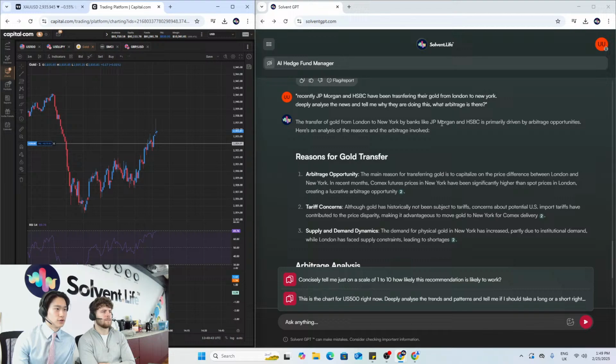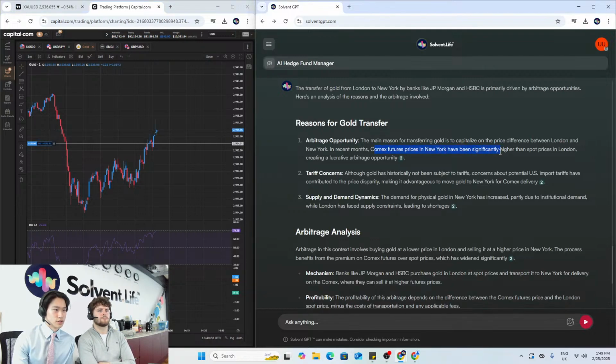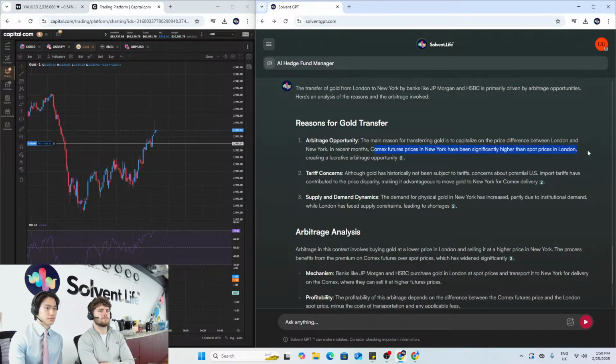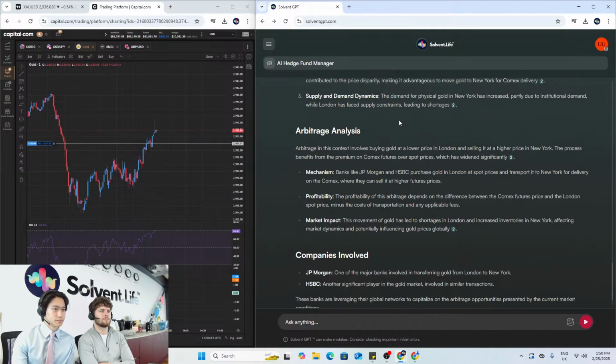So, the transfer of gold from London to New York by banks like JP Morgan and HSBC. Here we go. So, arbitrage opportunity: it's to capitalize on the price difference between London and New York. COMEX futures prices in New York have been significantly higher than spot prices in London. And then the tariff concerns as well, so that's the second reason. There are fears that US import tariffs could be placed on gold.